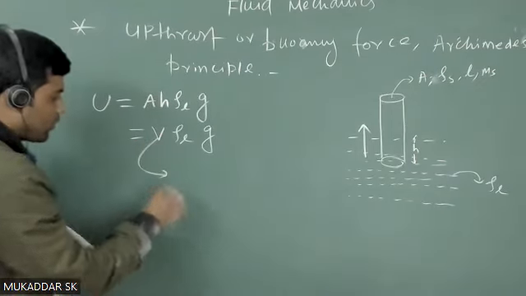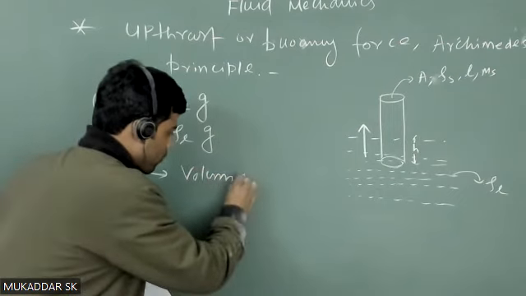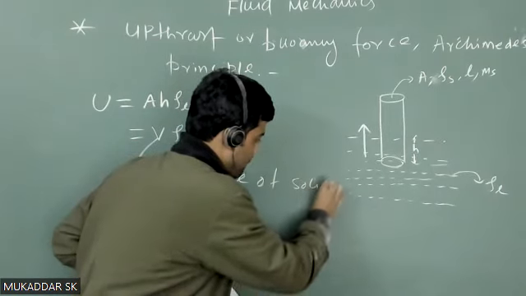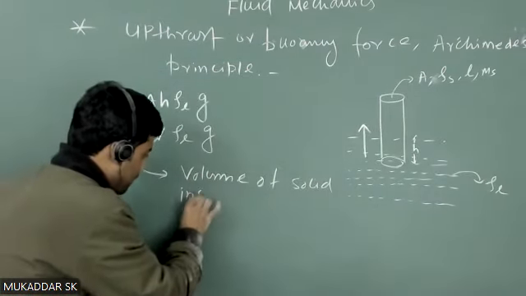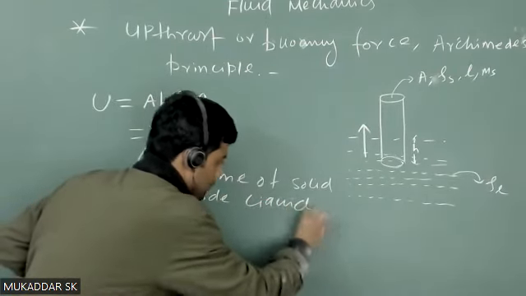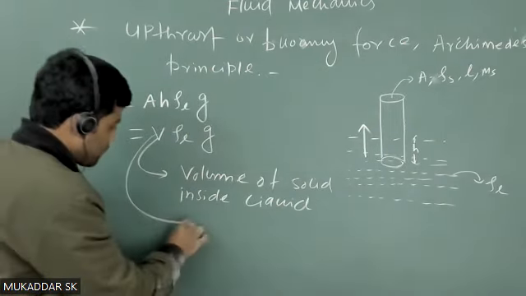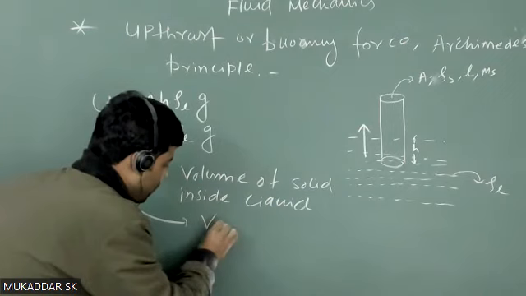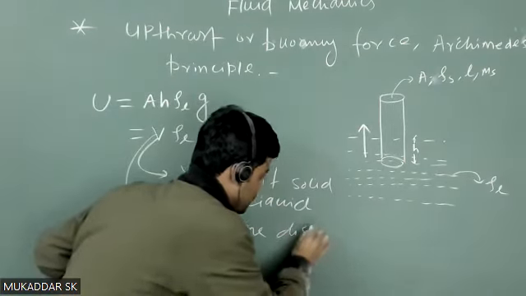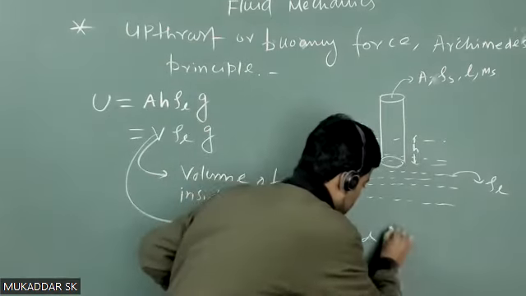So here V is the volume of solid inside the liquid, or I can say V is nothing but the volume of displaced liquid.